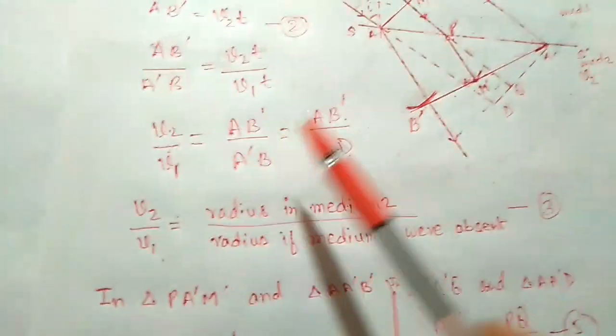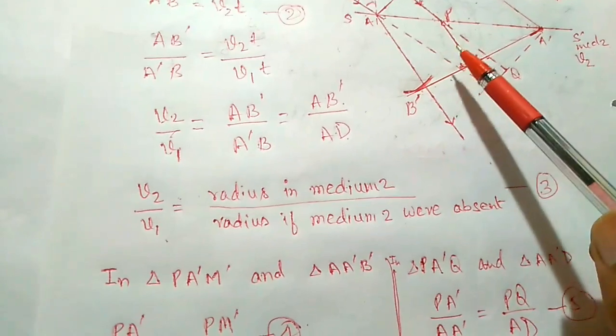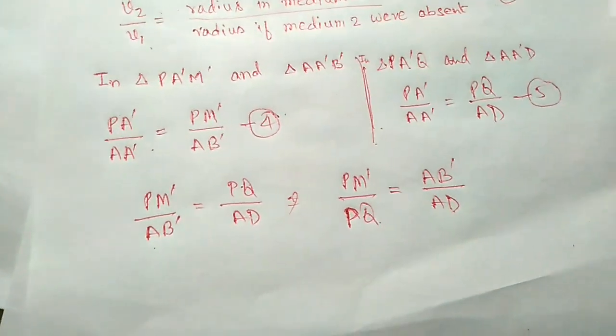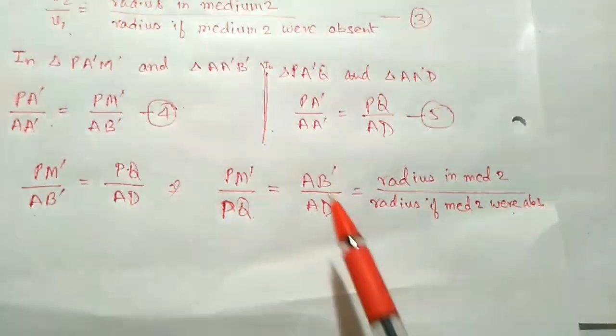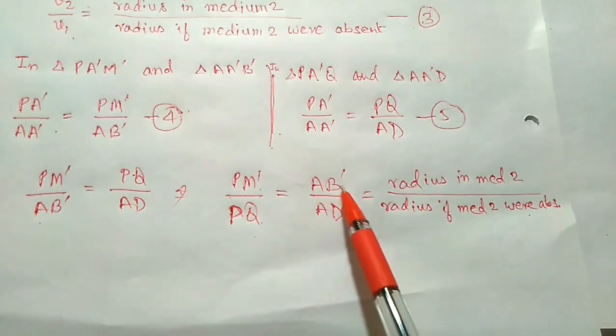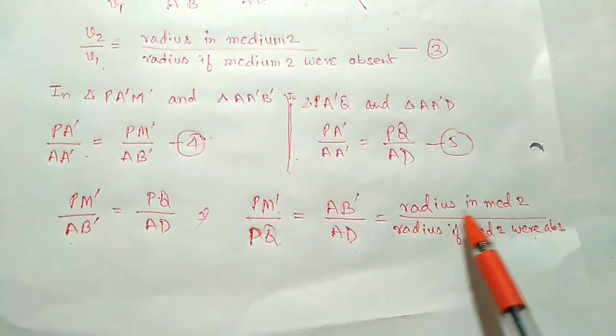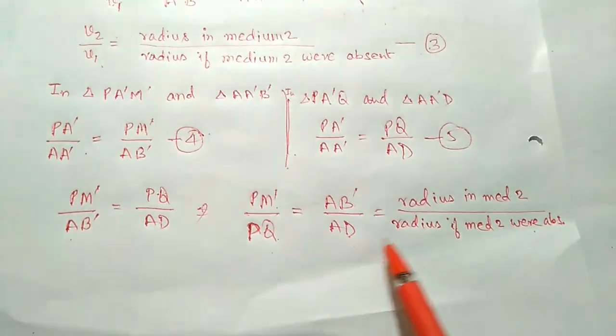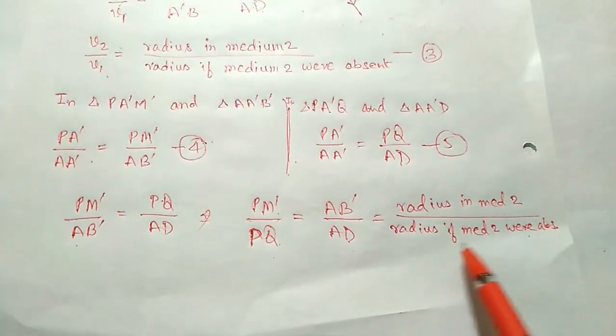This is all about this ray. Now we are talking about this, so it is coming for this also. So what we have obtained, see here, P M dash upon P Q is equal to A B dash upon A D. What is A B dash? Radius in medium 2. And what is A D? Radius in medium 2 if medium 2 were absent.